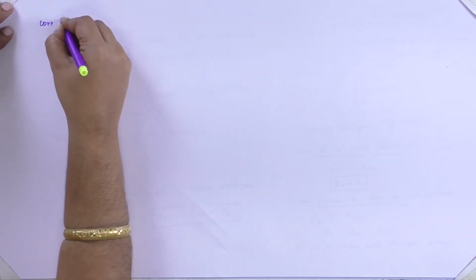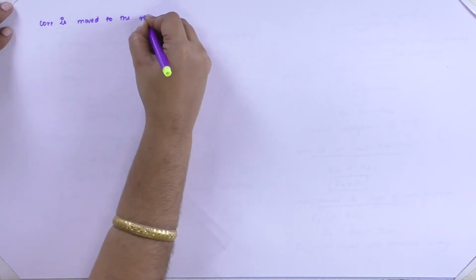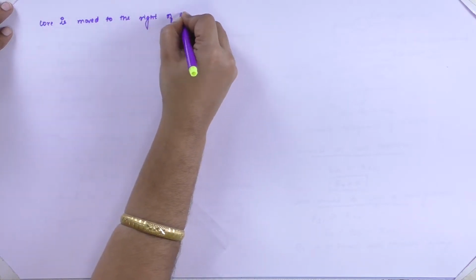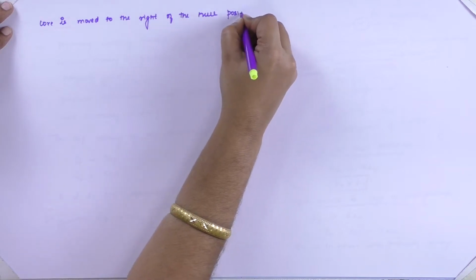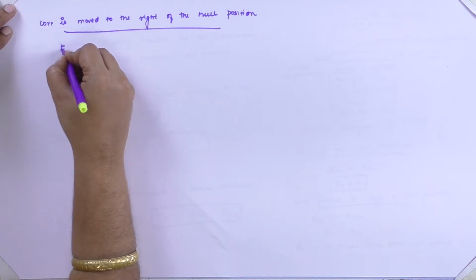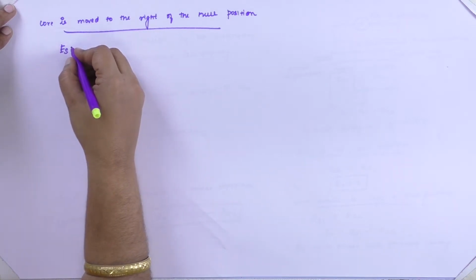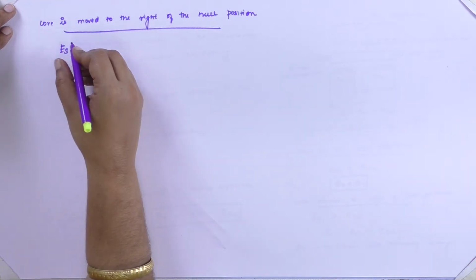Now when the core is moved to the right of the null position, the flux linking with the secondary winding S2 will be more compared to the flux linking with the secondary winding S1.